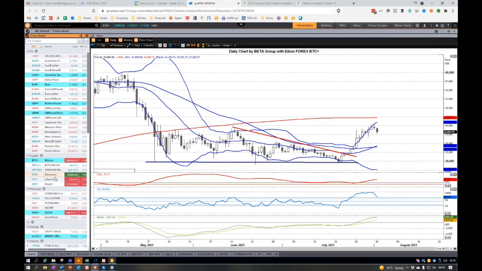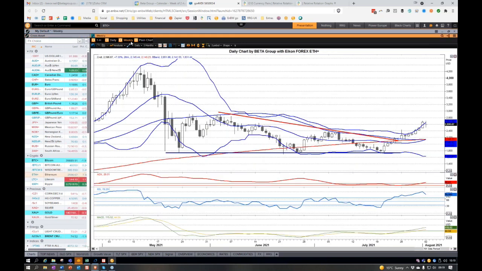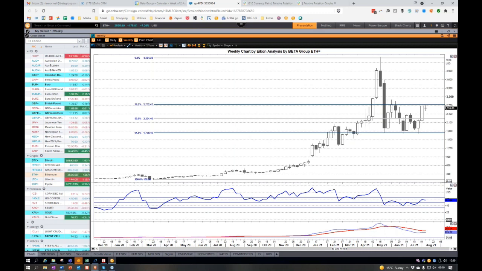Now, the next one is Ethereum. And again, going to the weekly chart here, we came back exactly 61.8. So this was a bit further than Bitcoin, and therefore it's a bit weaker than Bitcoin. So here we are.